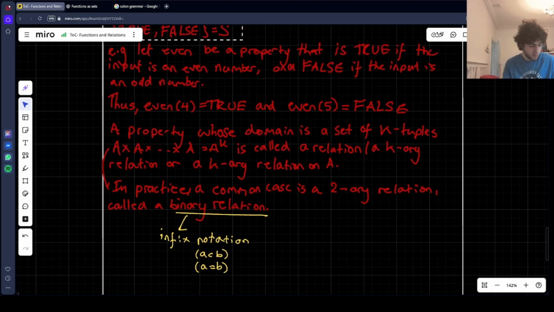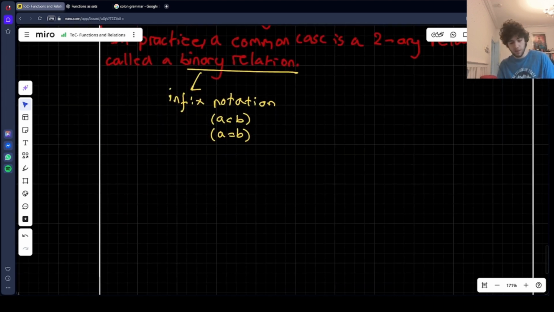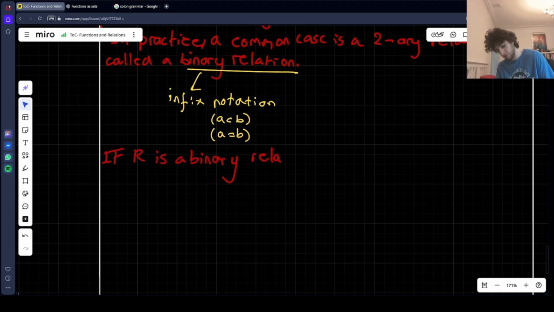Okay. So now we know what that is, then we can say the following. If capital R is a binary relation, just some arbitrary binary relation, then this notation here, aRb, remember it's a binary relation, so you're only going to have two arguments. Whenever someone writes aRb, what they really mean is that R(a, b) equals true.